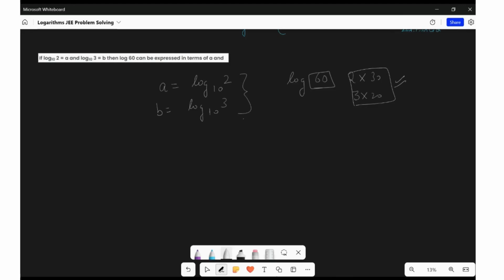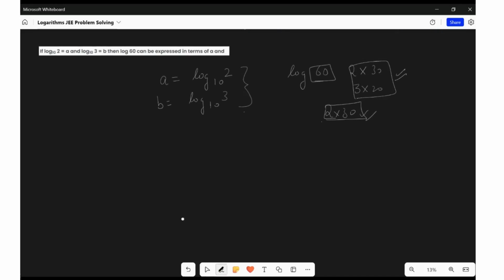So let's take 2 into 30. Both will work though, whatever you want. Now we already have 2 here, in a. So we need to just make it 30. So we can write b is log 3 base 10.